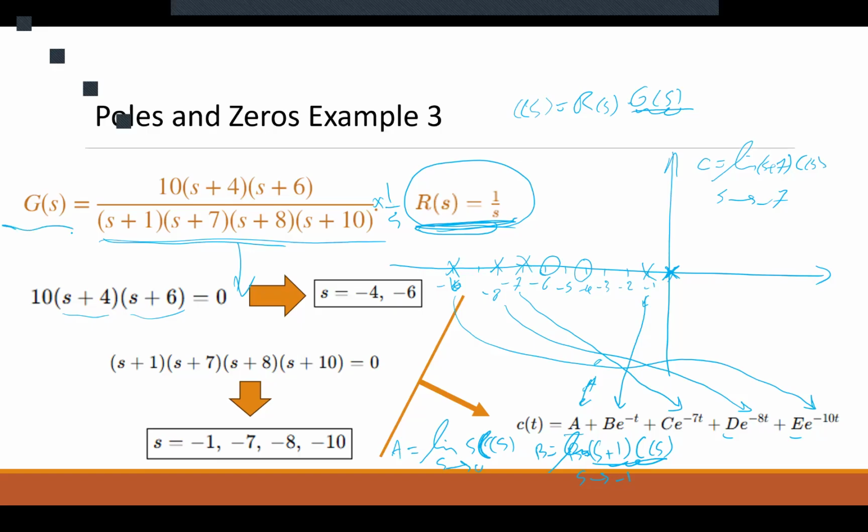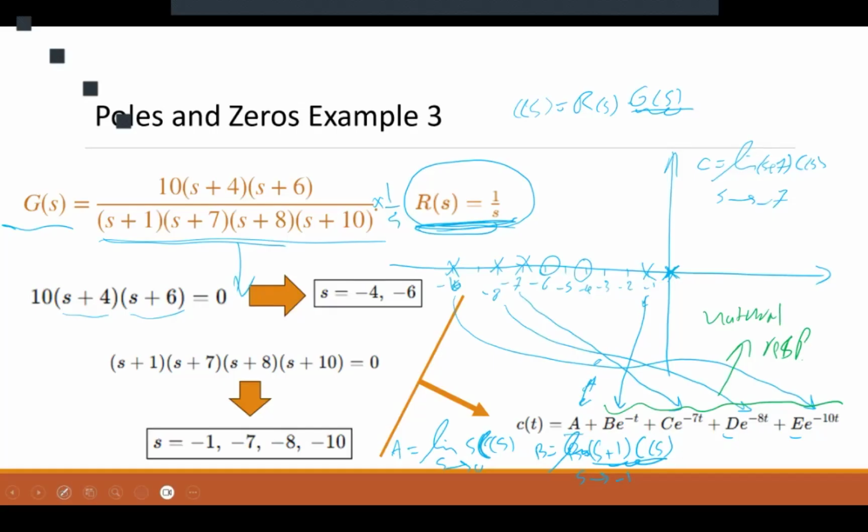So these parts are the natural response. Are we good?